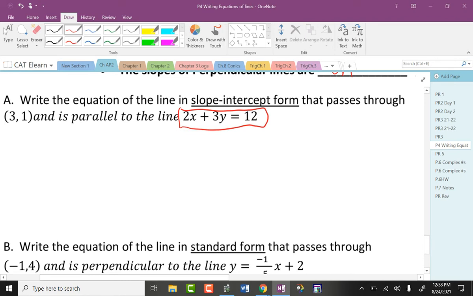Remember, the first step is I got to get this out of the way. How do I get that out of the way? Subtracting. And then you just have one more step to do. Divide by 3. And you can leave this a mess because it doesn't really matter. All I need is the slope from this. And what is the slope? What's the slope, Ashka?